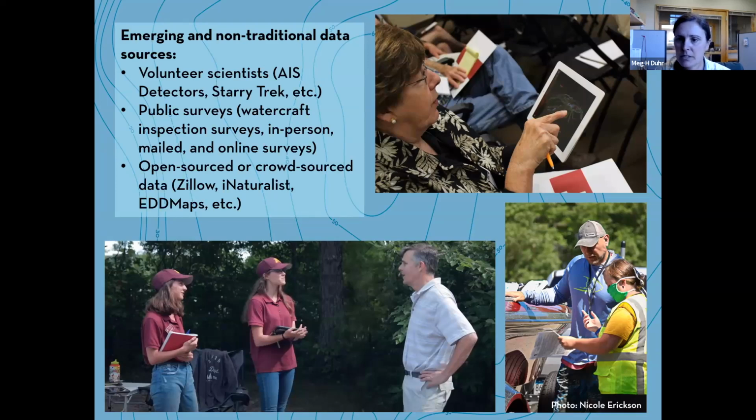There's mailed and online questionnaires to gauge people's response and the behavior around aquatic invasive species. And then we have a lot more work in these emerging sources with open source and crowdsourced data, things like iNaturalist, EDDMapS, even Zillow database on home sales.